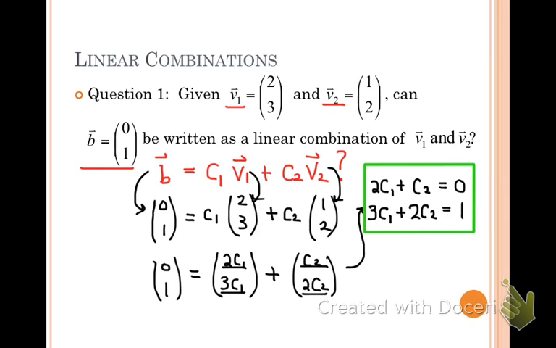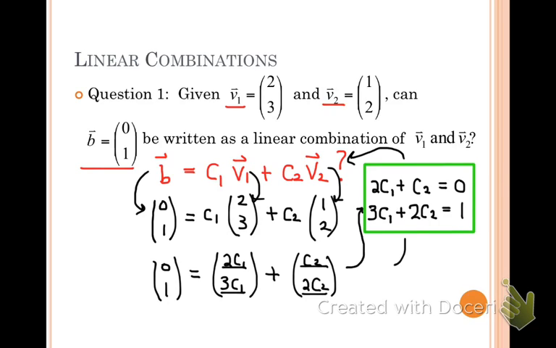Now I've translated this, in the green box, back to a linear system. So we have 2c1 plus c2 is equal to 0, and 3c1 plus 2c2 is equal to 1. So this is also asking the question, can b be written as a linear combination of these vectors v1 and v2?